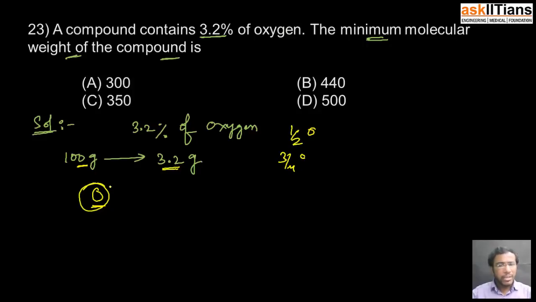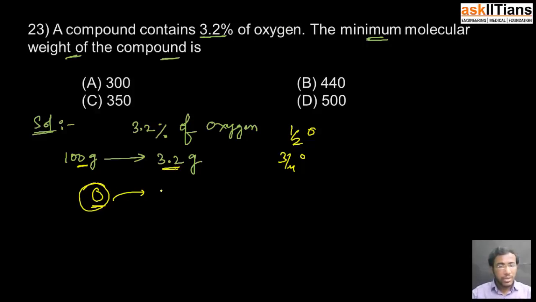So minimum we have only one atom of oxygen. When the compound contains only one atom of oxygen, then it is going to have the minimum molecular weight.